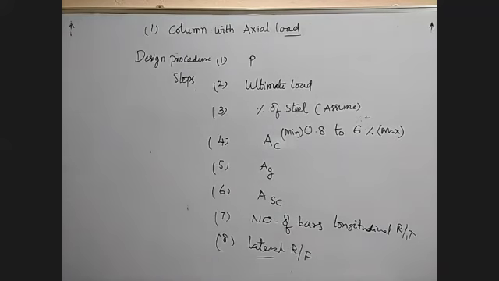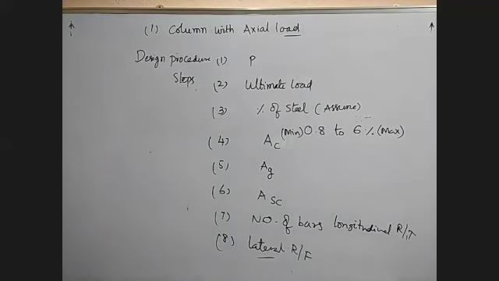Okay, and the circular column, the fourth one, and another one is subjected to uniaxial bending, that is bending in one direction only. And another problem we have, biaxial bending. Okay, so if we can solve these problems, this is the design of the columns.